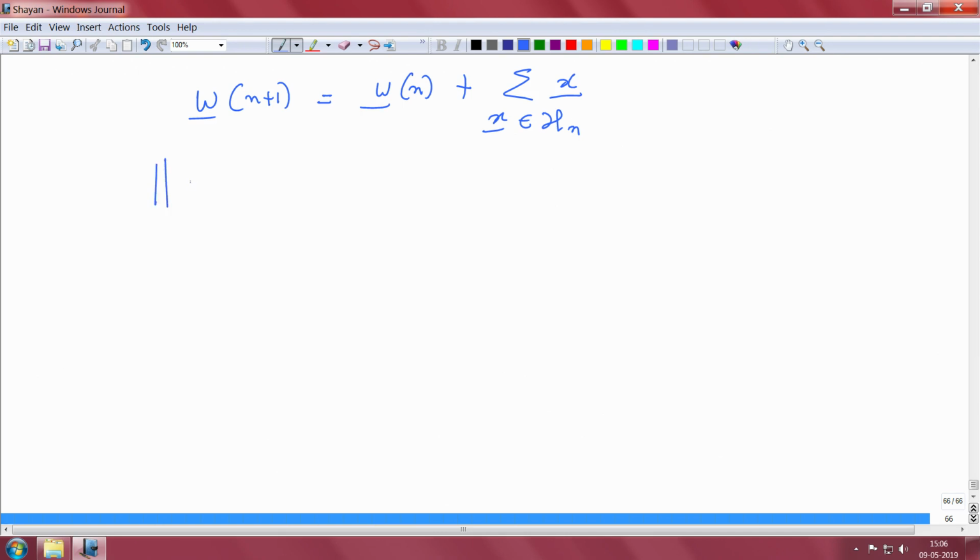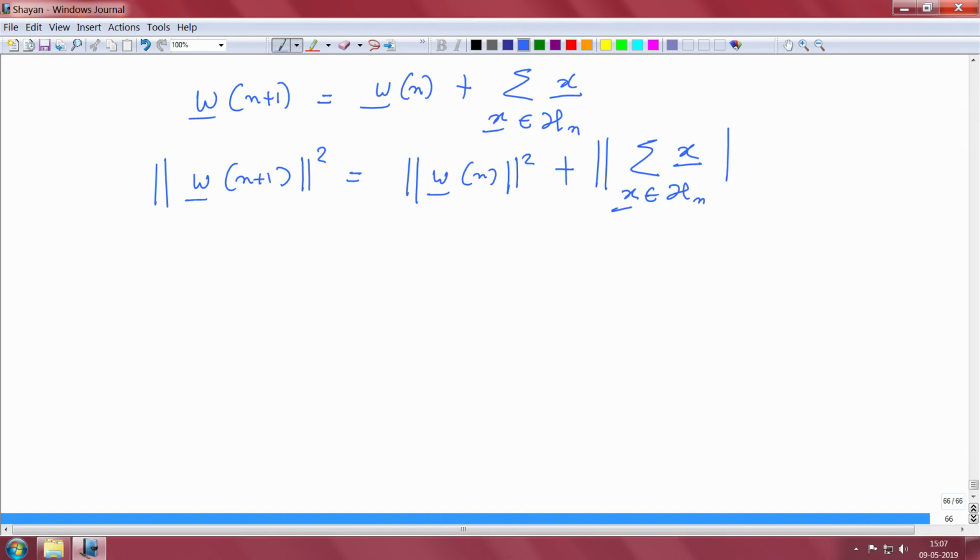So, norm of W n plus 1 square is going to be norm W n square plus summation over x belonging to H n, this norm square, plus 2 times W transpose of n summation over x, x belonging to H n, right.